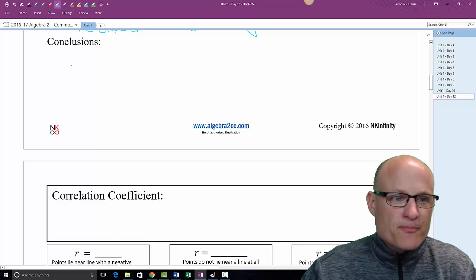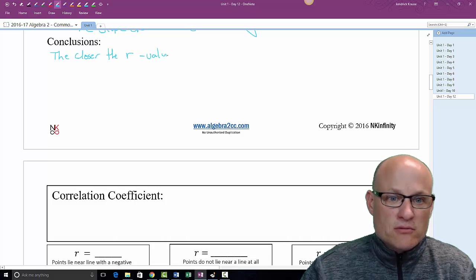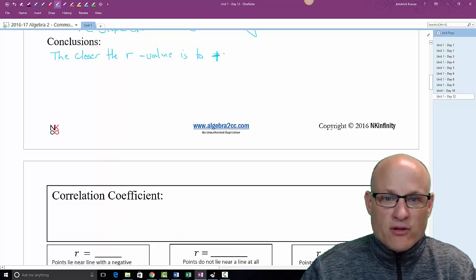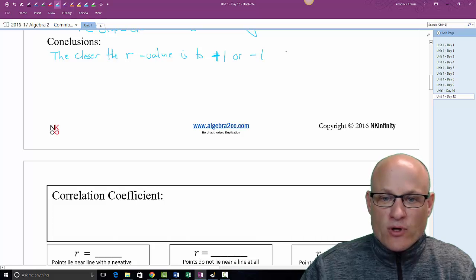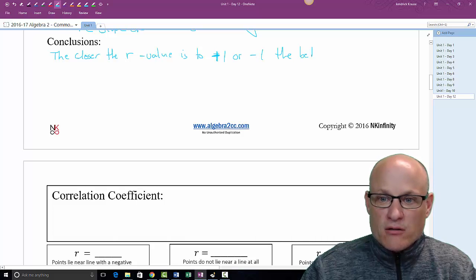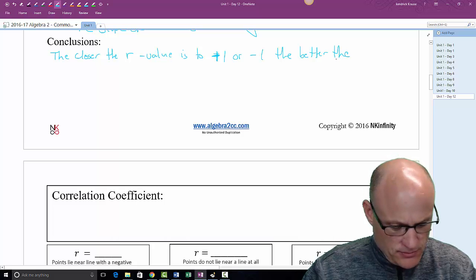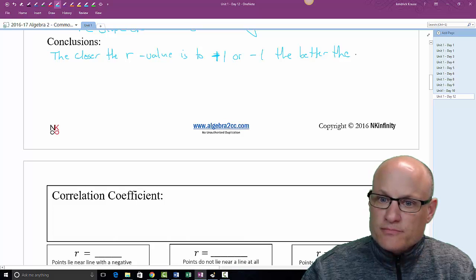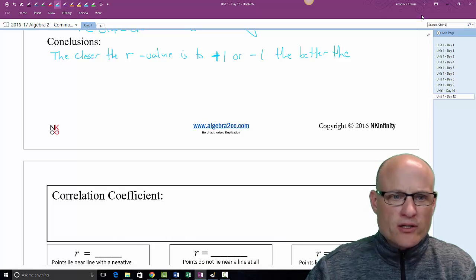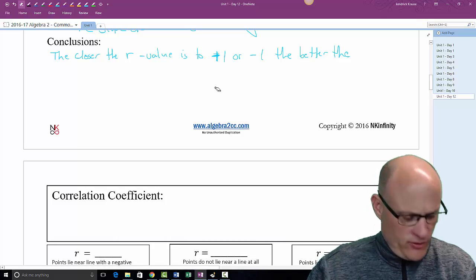So what's your conclusion? The closer the R value is to positive 1 or -1, the better the... Let me just write it down.